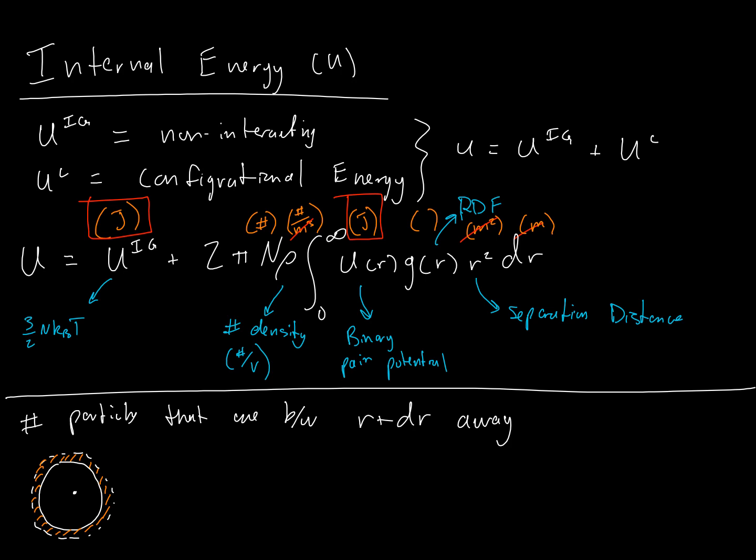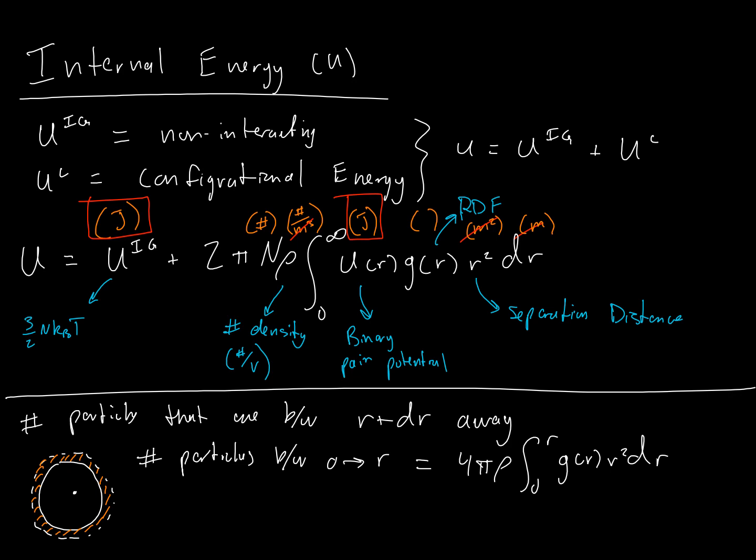So the number of particles between 0 to r is given by this formula, 4 pi. Basically, what we're doing in this equation is integrating the g(r) function from 0 to r.